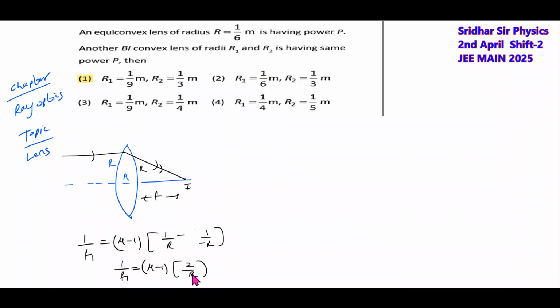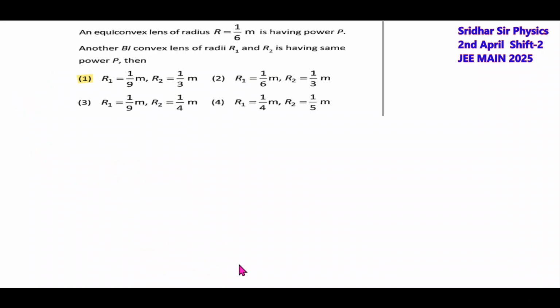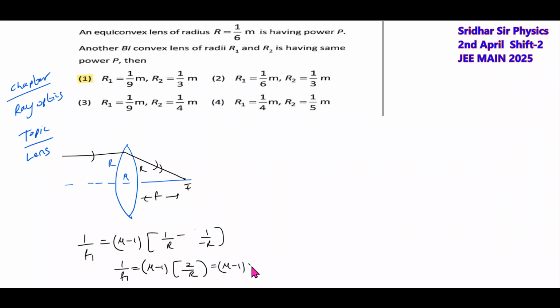Okay, this radius, how much is given? 1 by 6. So this will become mu minus 1 into 12. Next, the biconvex lens. It is having different radii, R1 and R2.